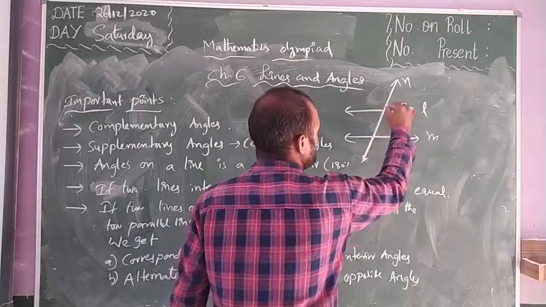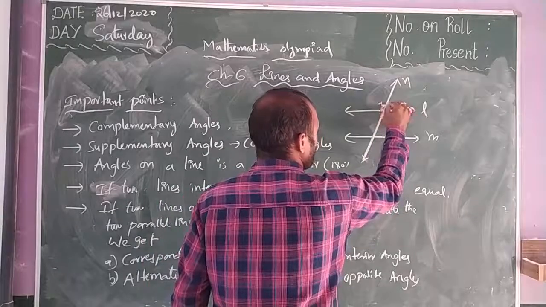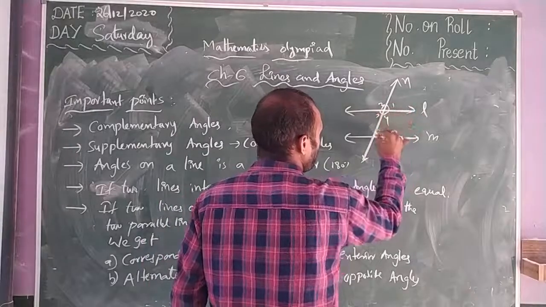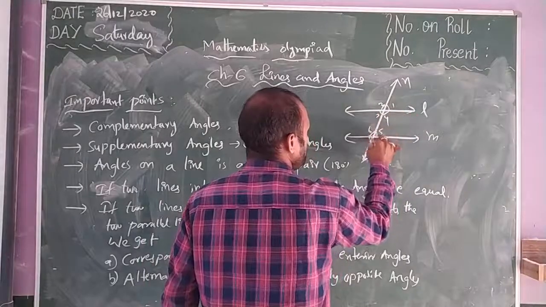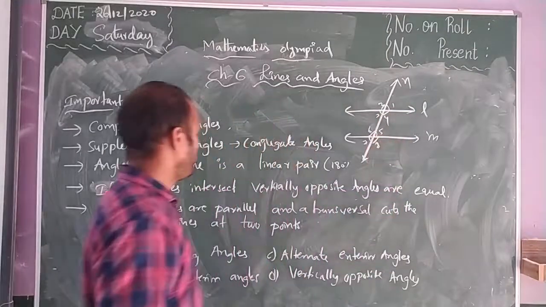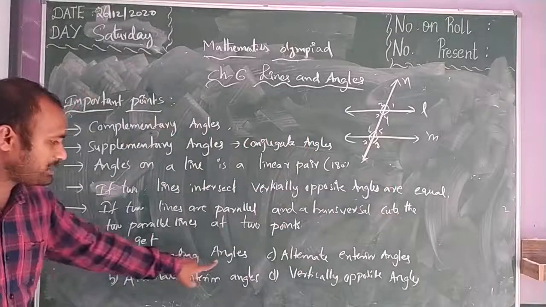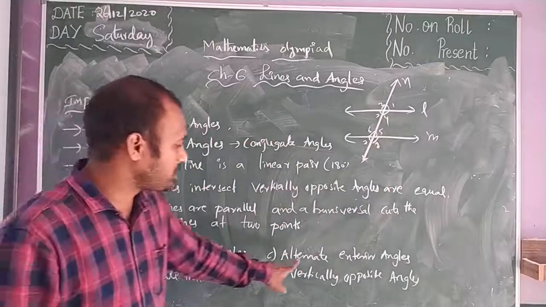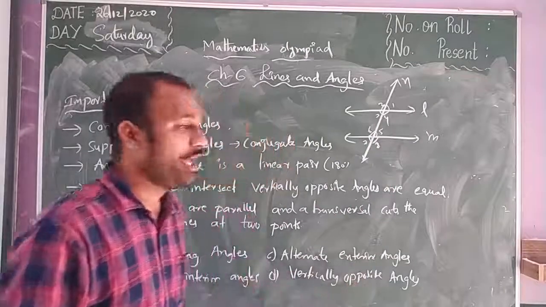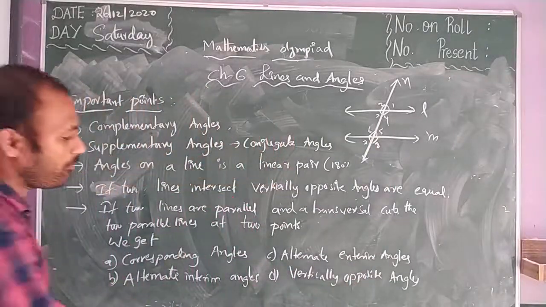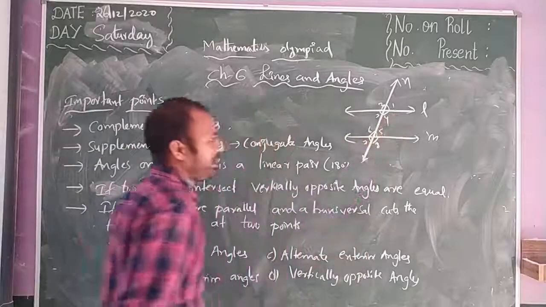So at these two distinct points we are going to get 8 angles. 1, 2, 3 and 4, here 5, 6, 7, 8. So we are going to get corresponding angles, alternate interior angles, alternate exterior angles and vertically opposite angles. And moreover we are going to get co-interior angles and co-exterior angles also.